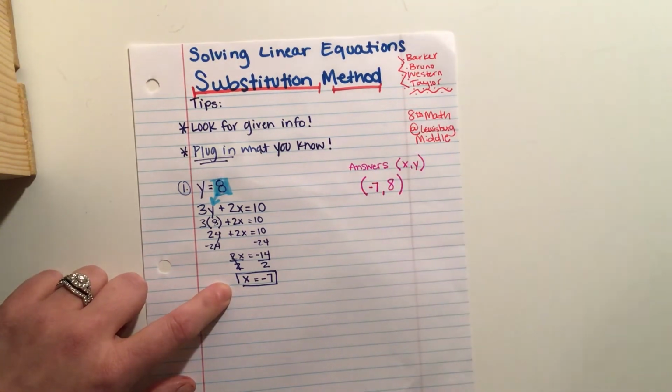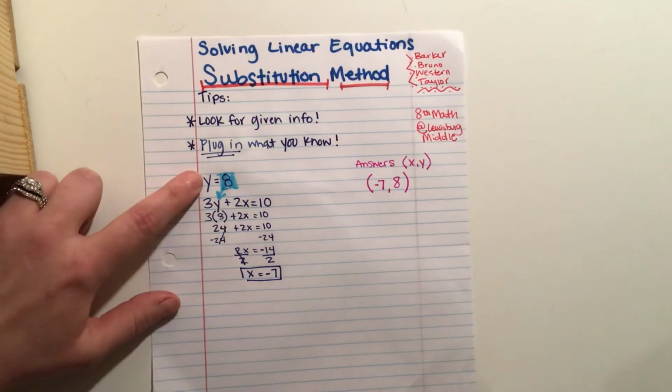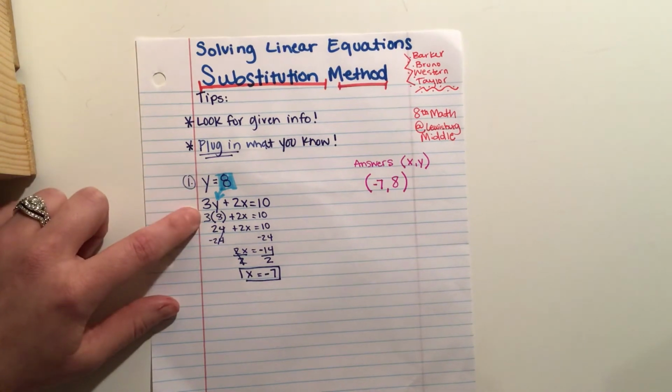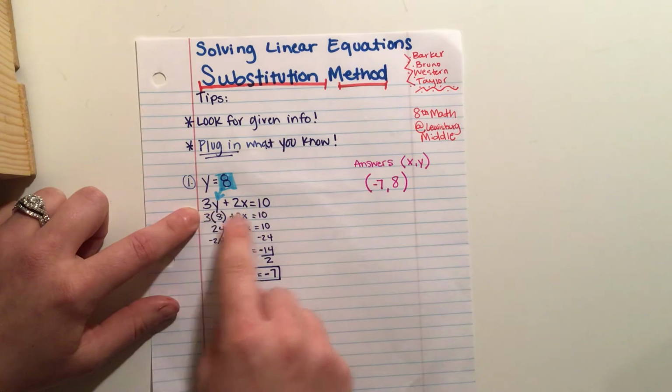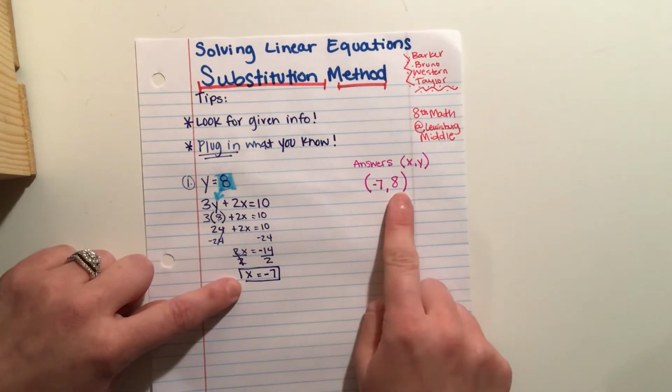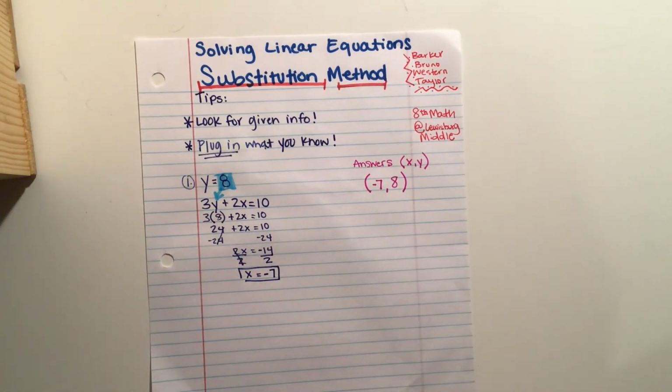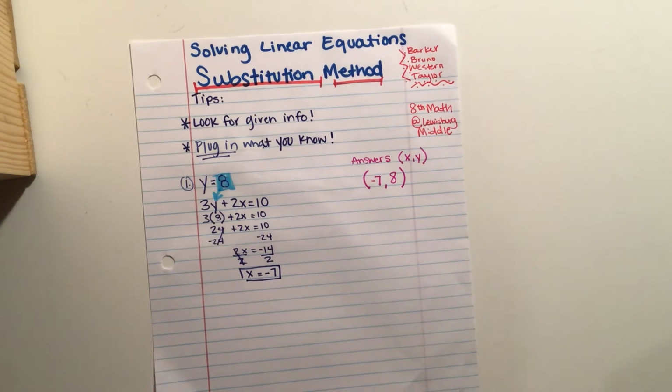If you were to graph these two equations, y equals 8 and 3y plus 2x equals 10, after you put this in y equals mx plus b format, they wouldn't overlap, but they would crisscross over each other at negative 7, 8.